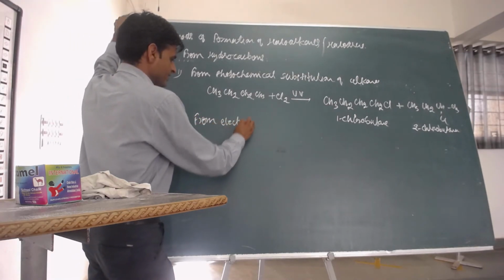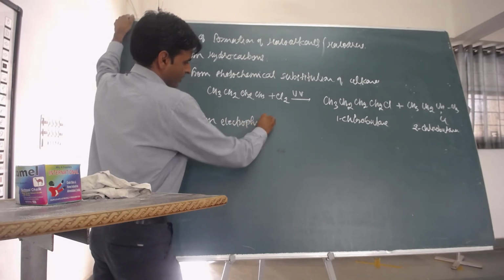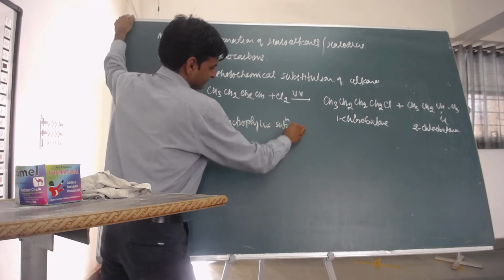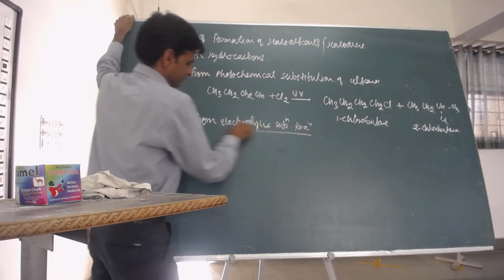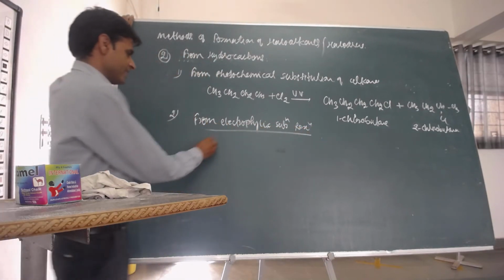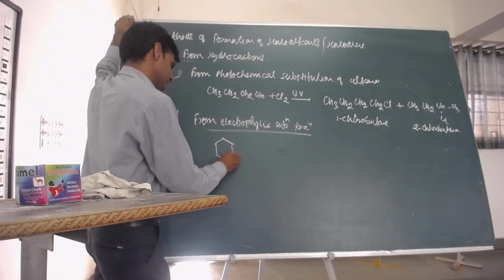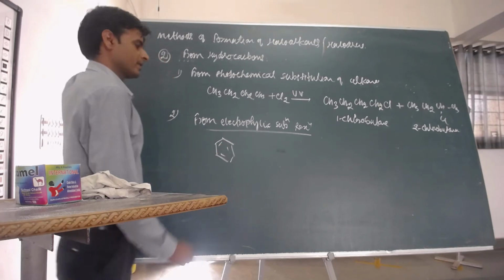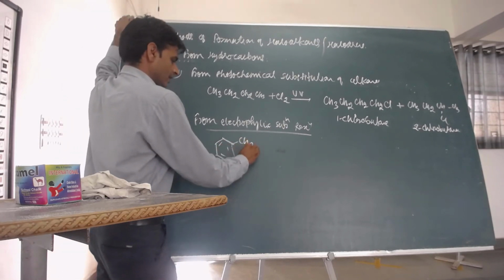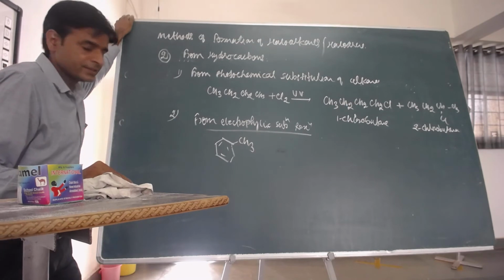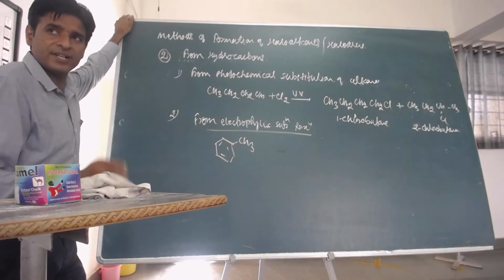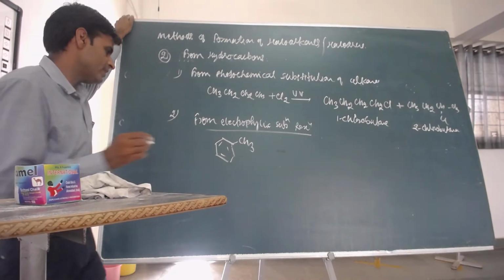The second one is from electrophilic substitution reaction. Generally we take the example of toluene. We have to obtain the halogen derivative of an aliphatic or aromatic compound.